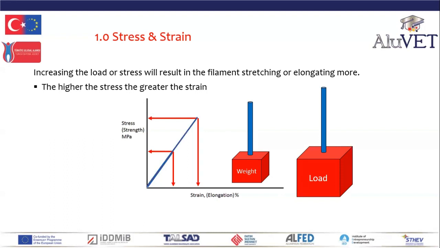If we increase the weight, the increased stress will result in the filament stretching or elongating more. The greater the weight, the higher the stress, the greater the resultant strain. We plot the increased stress on the vertical axis and the measure of the resultant elongation on the horizontal axis.